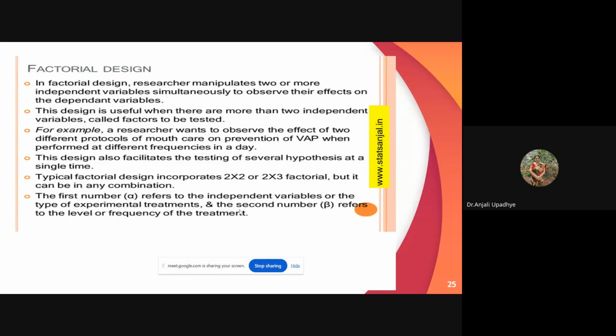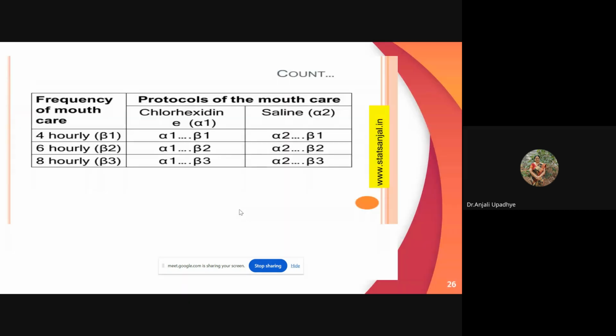In the factorial design, sometimes the researcher manipulates two or more independent variables simultaneously. That means we need to see the effect of particular confounding variables, and to see their effect, we use factorial study designs.